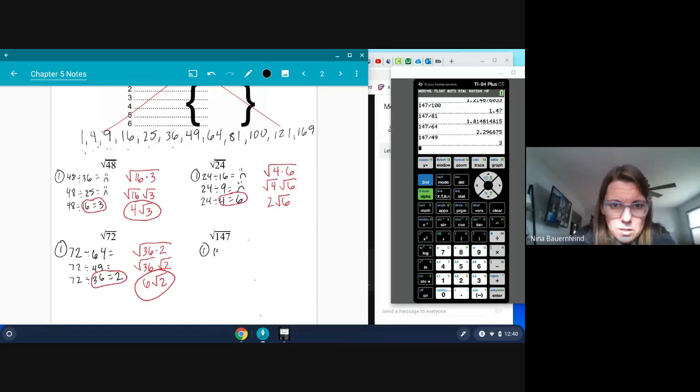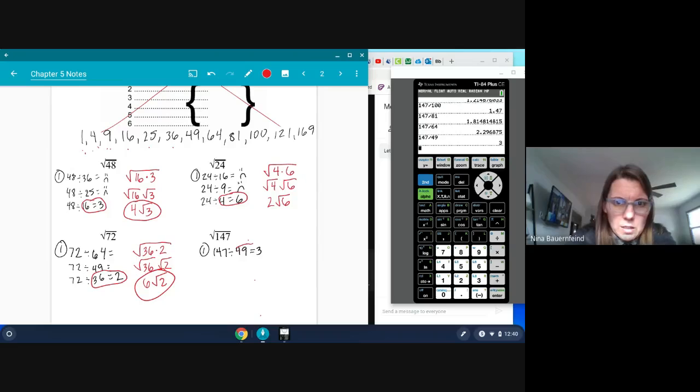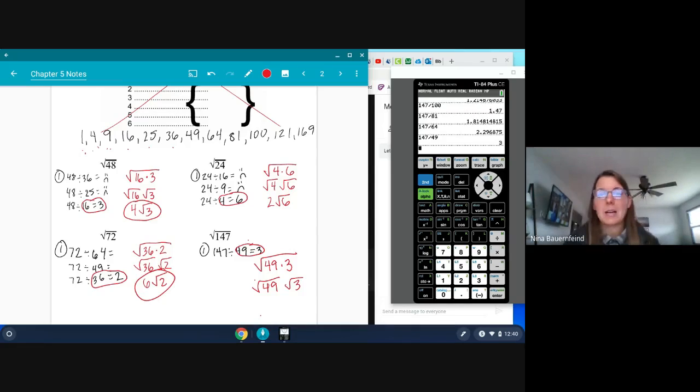So 147 divided by 49 equals 3. So what we're going to do is, instead of writing 147, we're going to rewrite it as 49 times 3. And then we split this up to root 49, root 3. Now this is where you have to ask, what number times itself equals 49?